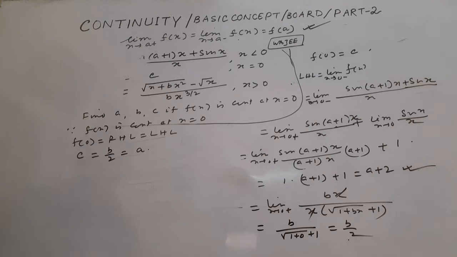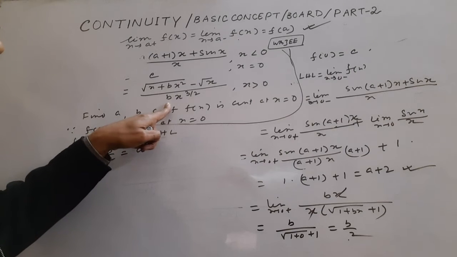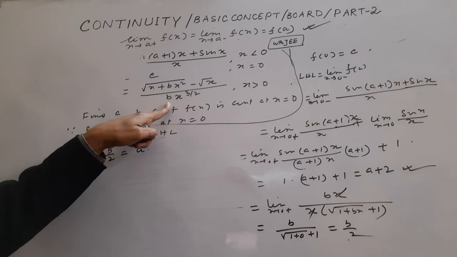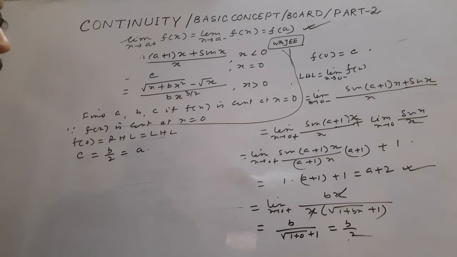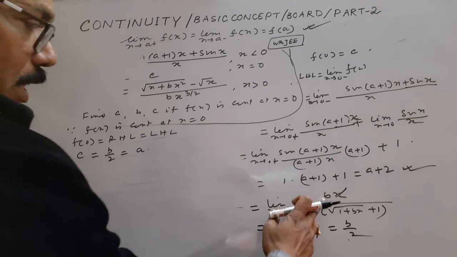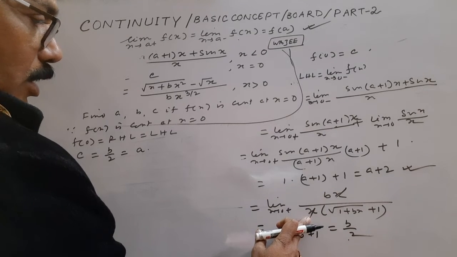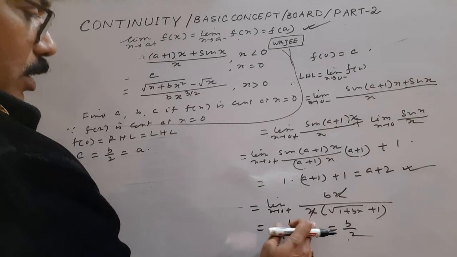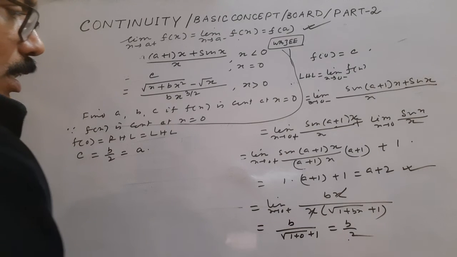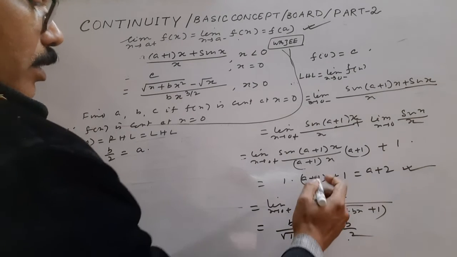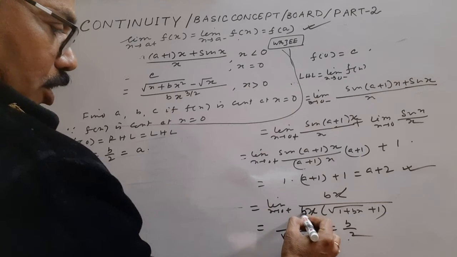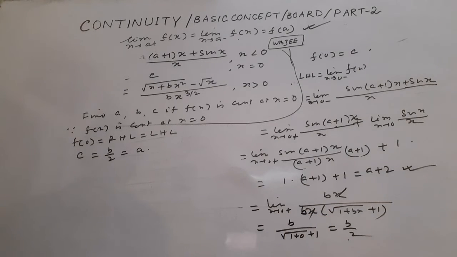So look, this is b. 1 plus bx, there is a b at the denominator. So this is bx, b into x. I think there is a b at the denominator, so make it correct.